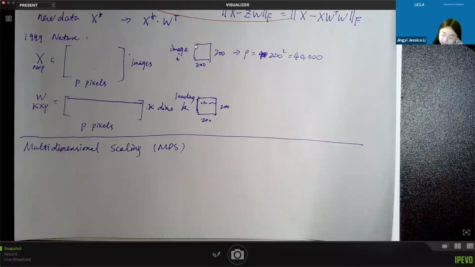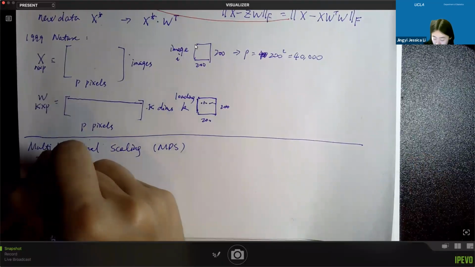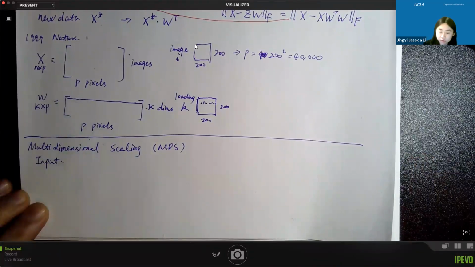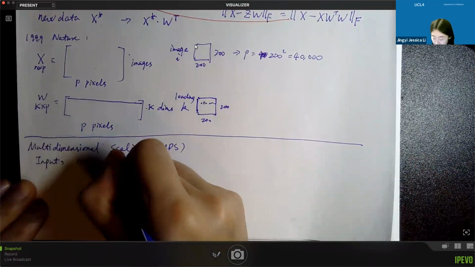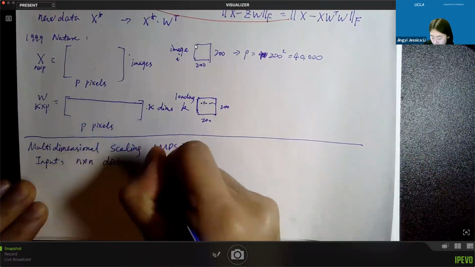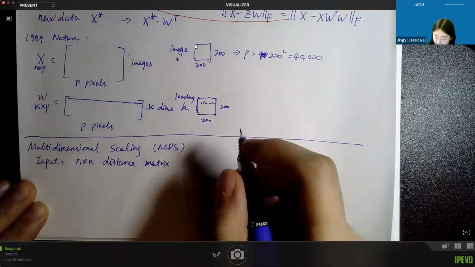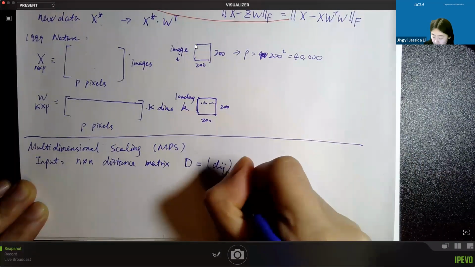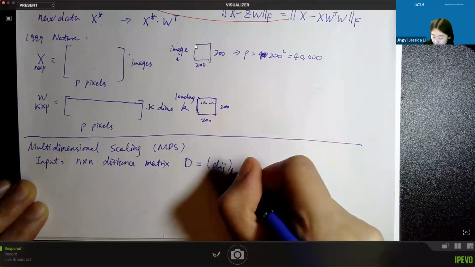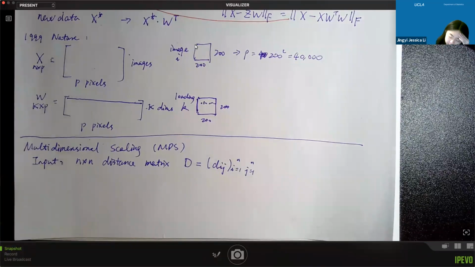What's different in multidimensional scaling is that your input is not a data matrix, but a distance matrix, an n by n distance matrix. We can write it as D, and we call its entries Dij, where i goes from 1 to n and j goes from 1 to n. So that's the distance matrix.